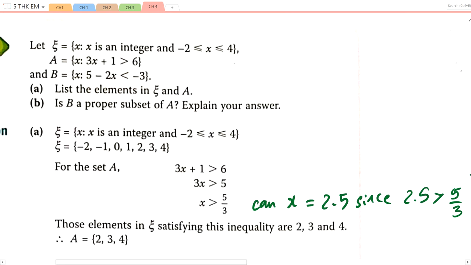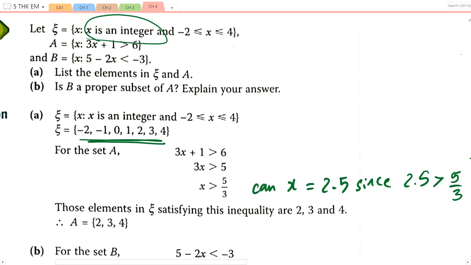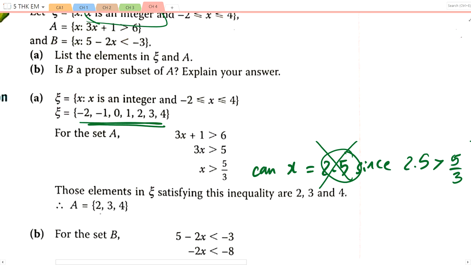The answer is no, because inside this universe it says that x is an integer, and these are the only possible values of x. You cannot have anything else. Since set A is found inside the universal set, we cannot have 2.5. It does not exist. That's why we only have 2, 3, and 4.